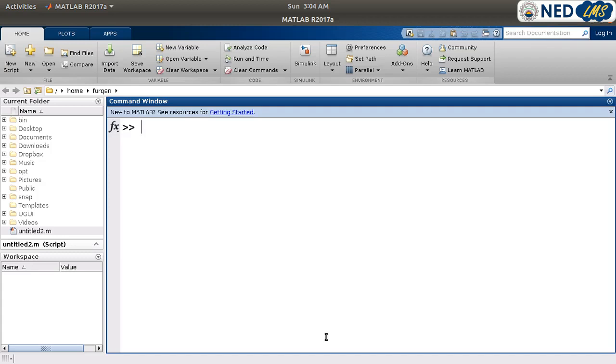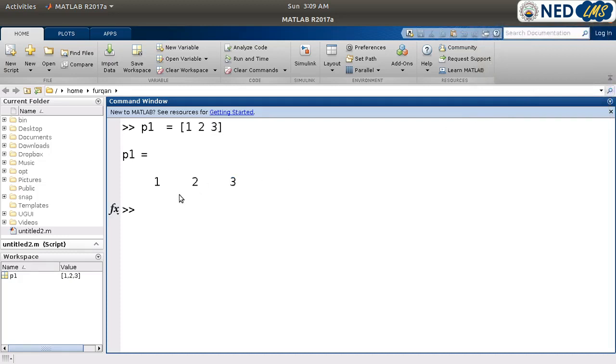So if I write P1 is equal to 1 space 2 space 3, a row matrix with three values, it is equivalent to a polynomial of second order, with this 1 as the coefficient of x square if the polynomial variable is x, and this 3 as the coefficient of x power 0, which is a constant number.